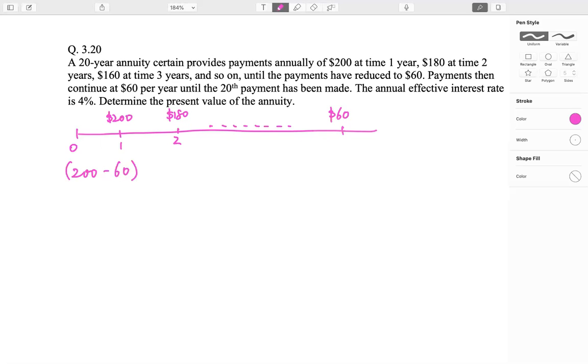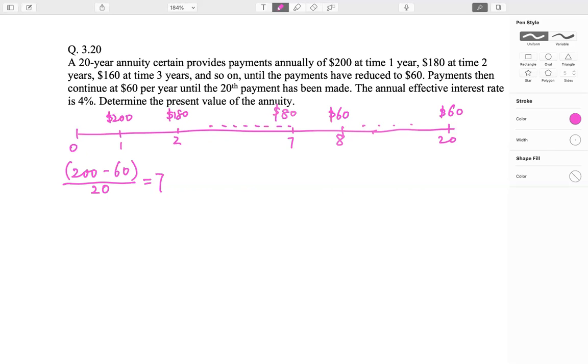Okay, and we know the unit decrement is 20, so that gives you 7. So here's 8, right? Because 8 minus 1 gives you 7 years of decreasing 140. From that point on, it goes forever. So which means if it's 7 here, it would be $80. Goes on until the end, which is 20 years.